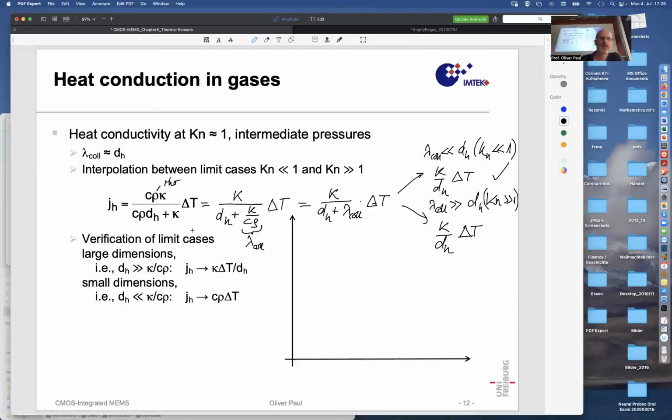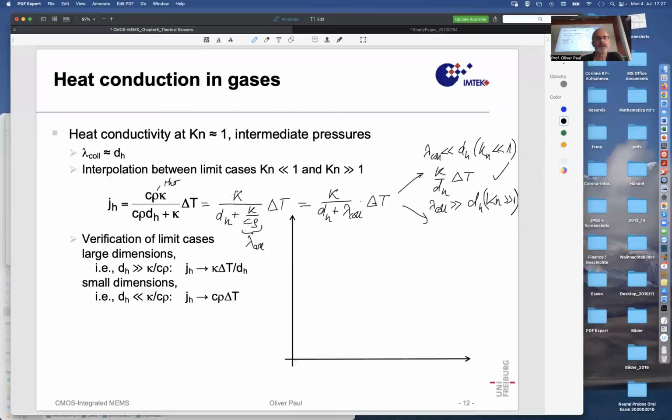If this dH becomes much smaller, now we have, I probably better, you have seen that I would probably better have transformed this differently. Yeah, so if this dH is very small, then this is what remains.